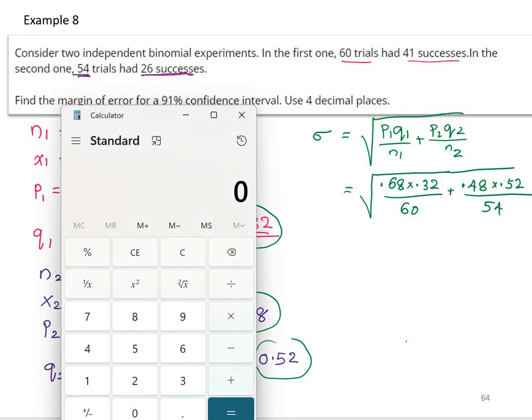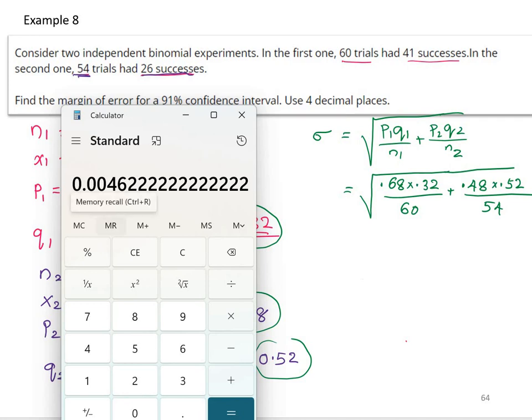First, 0.68 times 0.32 divided by 60, and I'm going to save it in memory. Then 0.48 times 0.52 divided by 54, and I add that to the memory again.